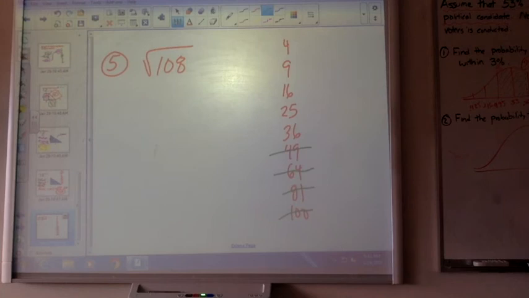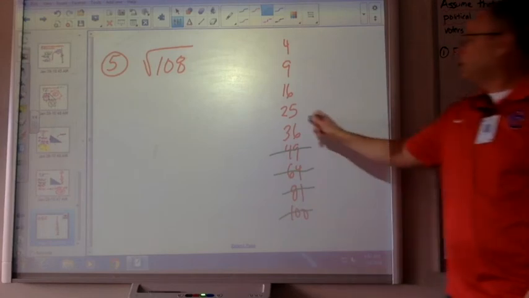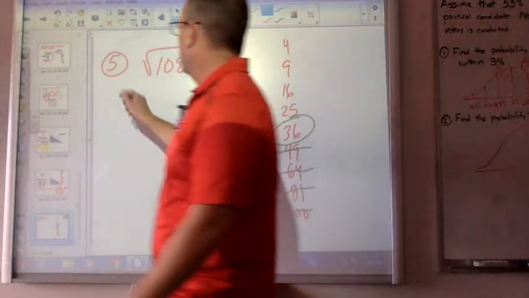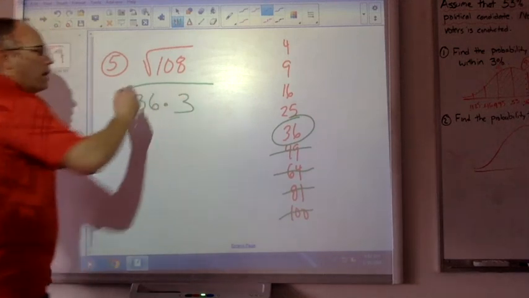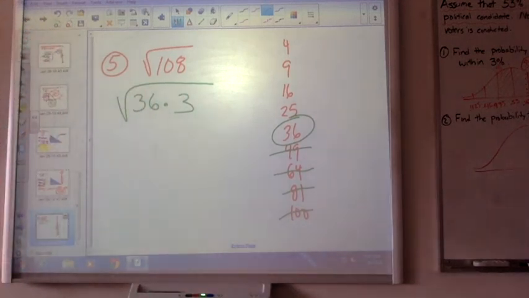Is 36 times 3 108? You have the calculator. It is? Really? So 36 times 3 is 108. So 36 happens to be the largest perfect square that's part of 108 if I were to multiply two numbers together.